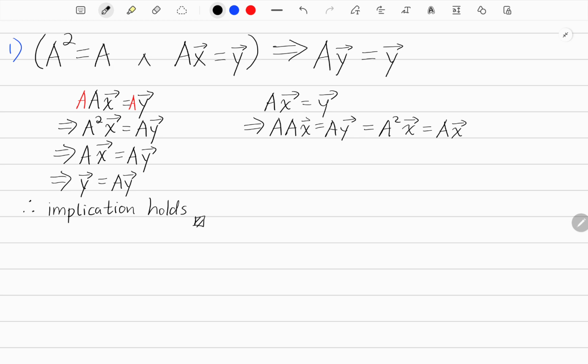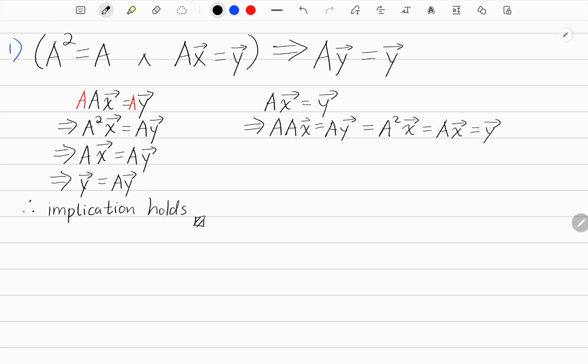So A squared x is Ax. Well, Ax is equal to y. So then we have this chain of equal signs, and what we have is y is equal to Ay. So in the end, you just boil down that Ay is equal to y.